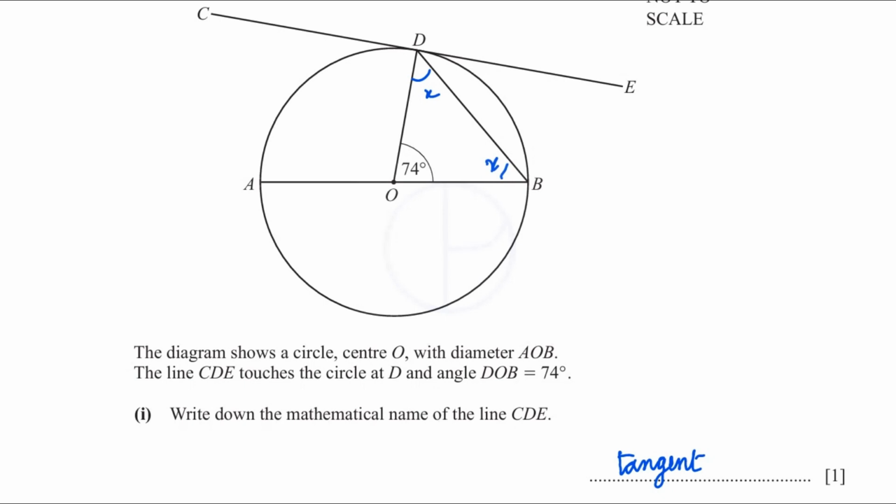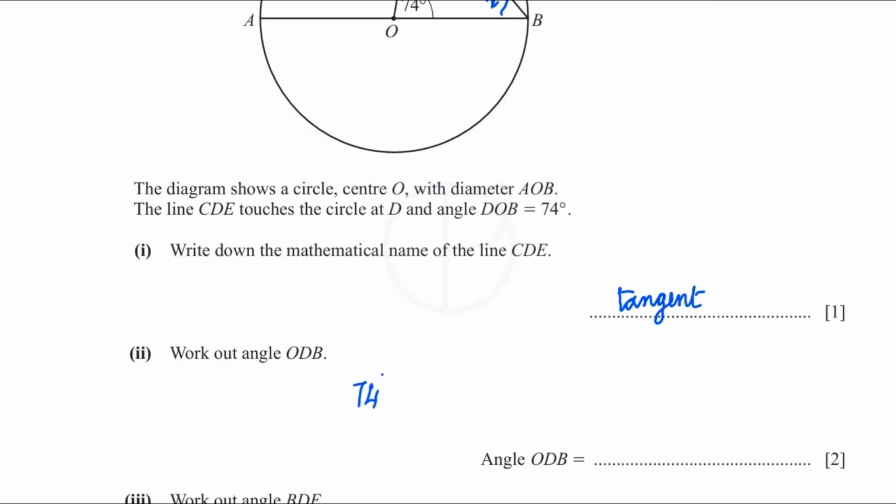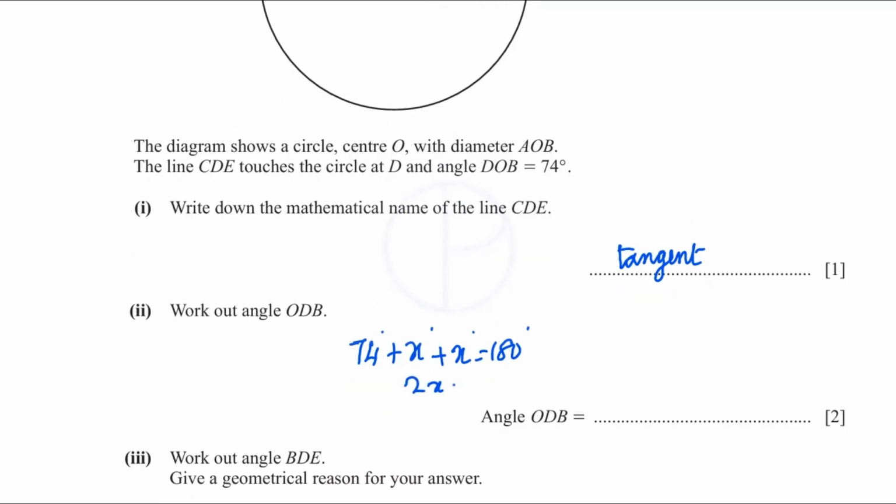Sum of angles in a triangle is 180. 74 plus 2x is 180. So 2x is 180 minus 74. So then what is x? 106 divided by 2, which is 53. So angle ODB is 53 degree.